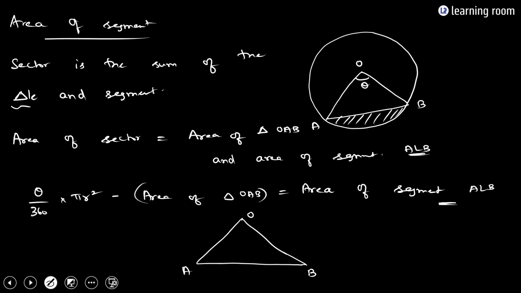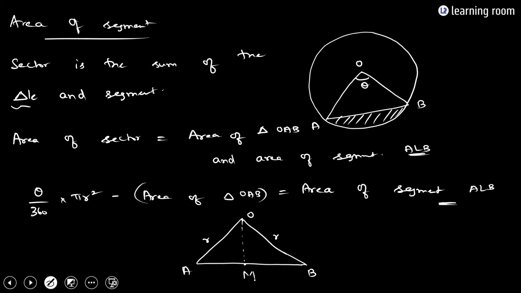Now one logic is, if this is R, this is also R, what kind of triangle does it form? It forms an isosceles triangle. If you draw a perpendicular from O, it should bisect AB, because a perpendicular drawn from the center to the chord bisects the chord. Or you can say the same thing is applicable to an isosceles triangle also.